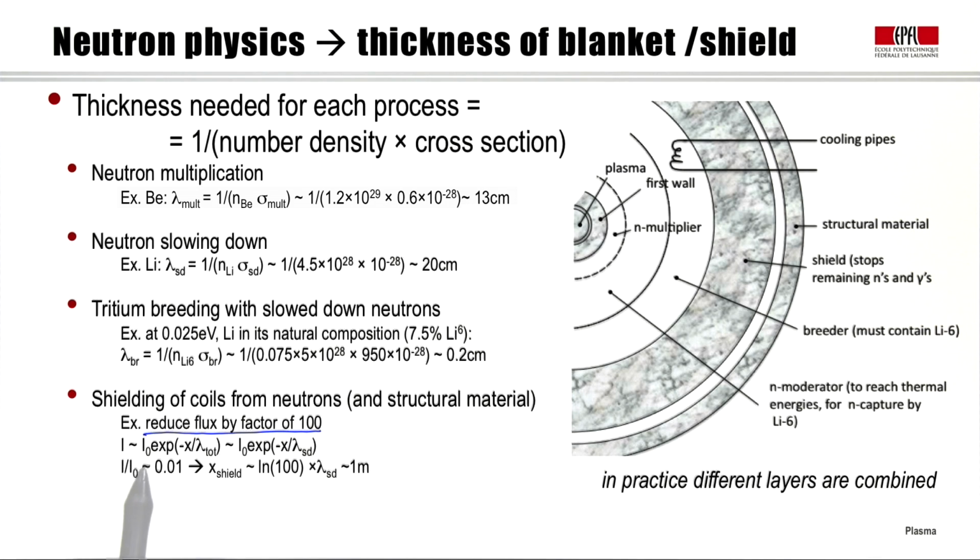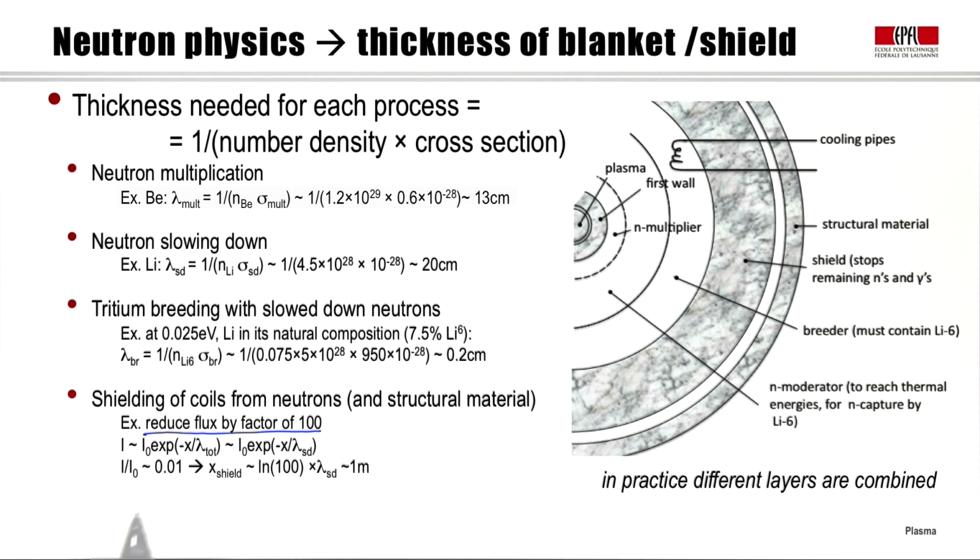So the intensity of the neutron flux is represented by I here. It's going down exponentially with the distance, and the characteristic length in the exponent is a combination of different processes, but we can assume it is dominated by the slowing down process, as we have seen before.